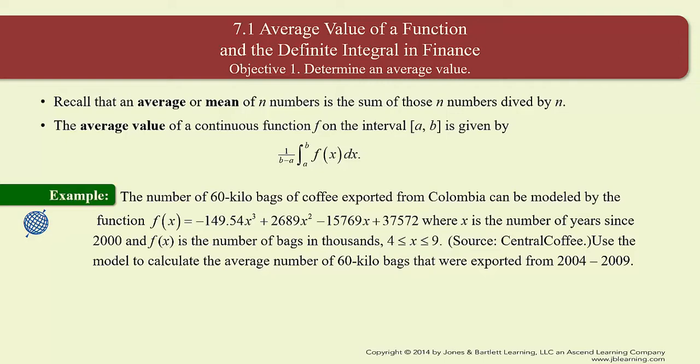So this average number, on an annual basis, is what was the average number of 60 kilo bags that were exported. Make sure you write down this example, get it in your notes, because I'm going to head off to the chalkboard and work it out.